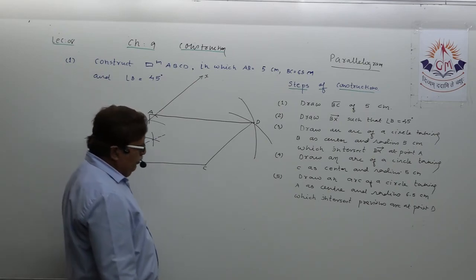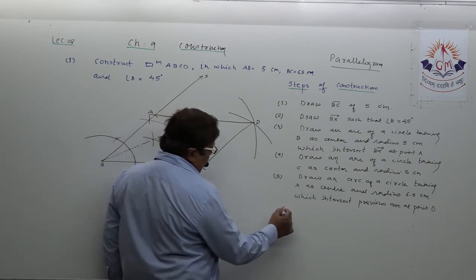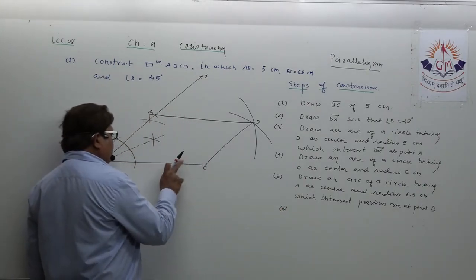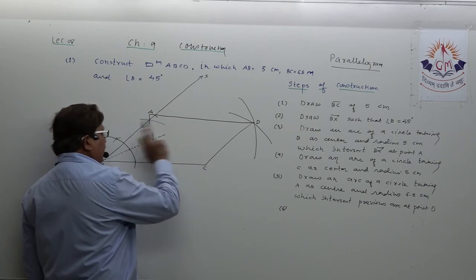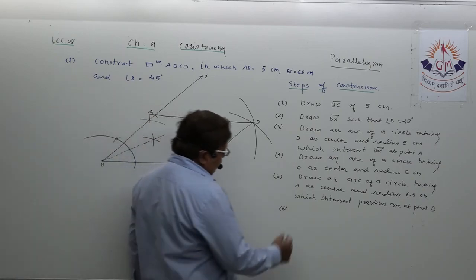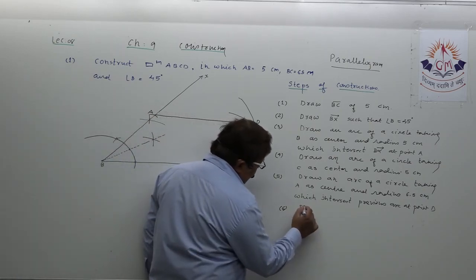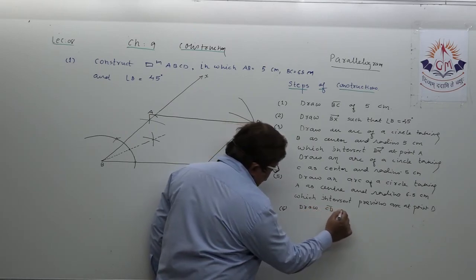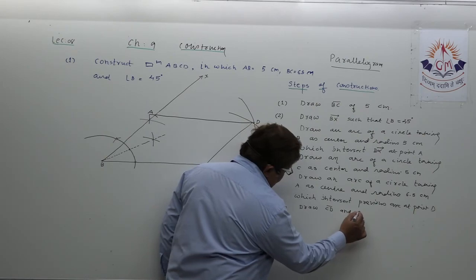Now after you got point D, what you have done? You have simply joined CD and AD. So you can write this way. Draw CD and AD.